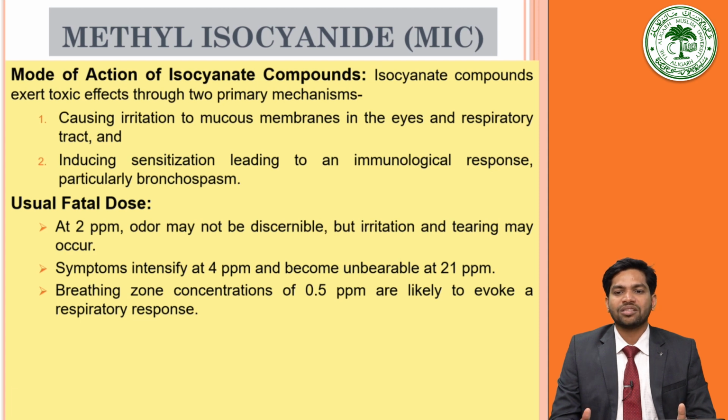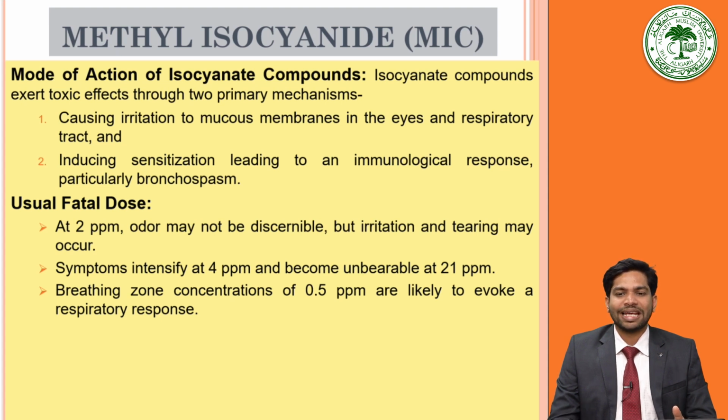The exact mechanism of the immunological response remains uncertain, but acute exposure is associated with a type 1 hypersensitivity response, triggering an early asthmatic reaction. High concentration or repeated exposure to methyl isocyanide may result in a delayed IgG-mediated hypersensitivity reaction, leading to persistent airway inflammation months or years after the initial exposure.